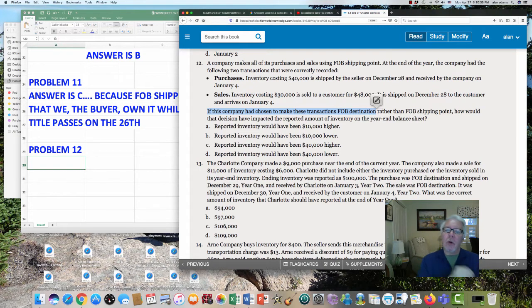So before, we had $40,000 and didn't have $30,000. If we reverse it, we have $30,000, but not the $40,000. So you're taking $40,000 away and putting $30,000 in, which means reported inventory will be $10,000 lower.